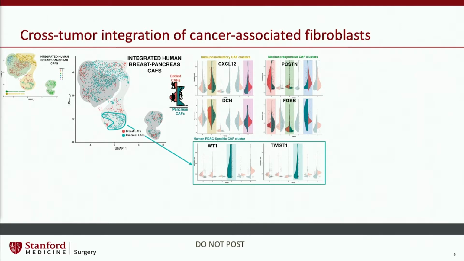And remarkably, 2 of these clusters seem to delineate primarily immunomodulatory clusters, whereas 3 of them were more mechanotransduction gene expression, while one of the clusters was only represented by the PDAC patients, and this was primarily associated with EMT genes. So these results support this evolutionary conservation of the fibroblast response to epithelial tumors from multiple organisms to form transcriptionally defined clusters.